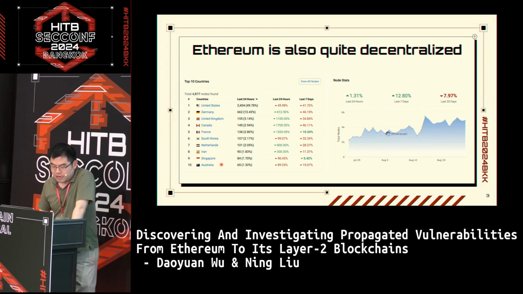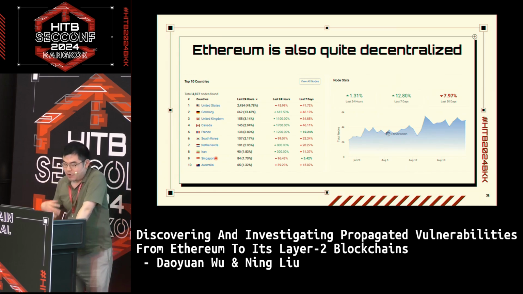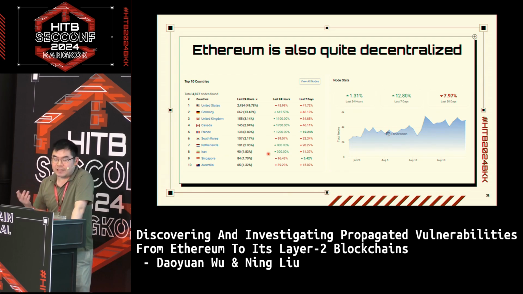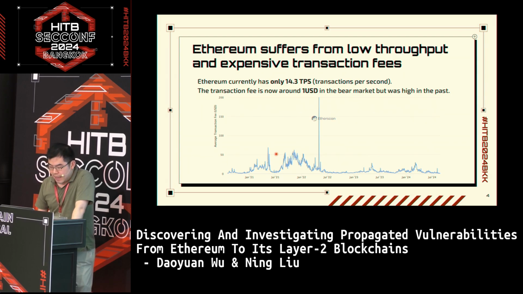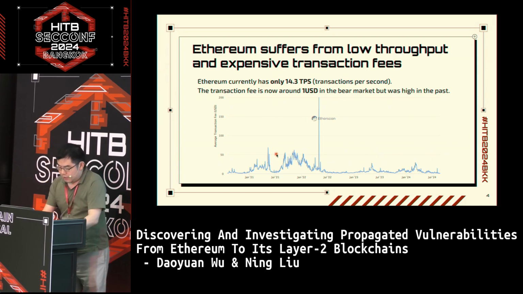Most of the top 10 are from developed countries. But one thing you can notice here is Iran also has so many nodes, maybe because their native currency is not very stable, so they want to invest in cryptocurrency. But there are still problems.